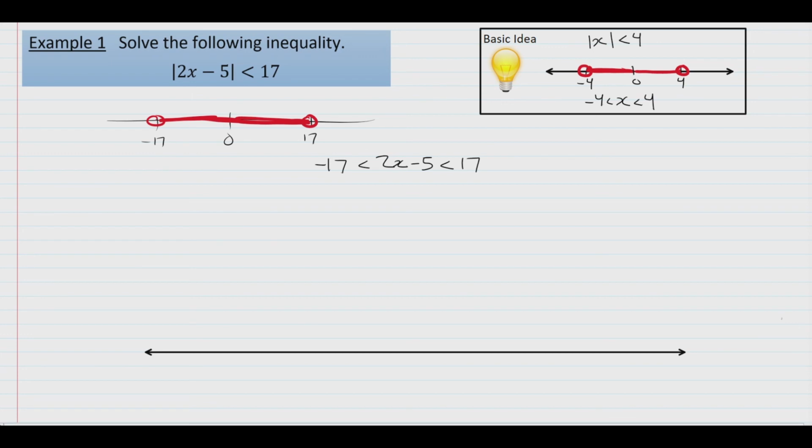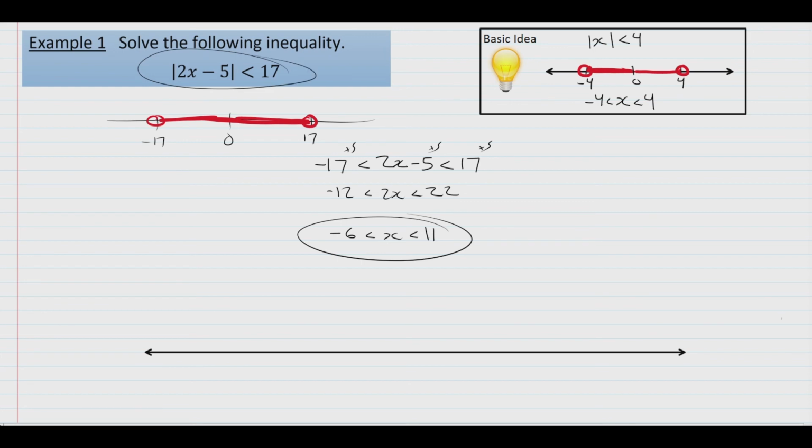We'll do so by adding 5 to each piece. So that gives us -12, which is less than 2x, which is less than 22. And we'll divide everything by 2, which gives us -6, which is less than x, which is less than 11. And that's our answer. Our x values must be between -6 and 11 if we want 2x minus 5's absolute value to be less than 17.